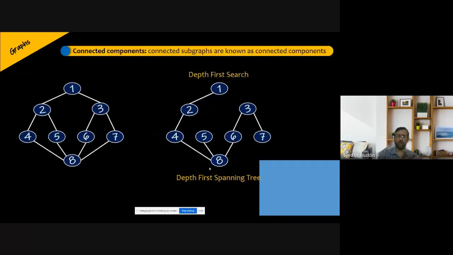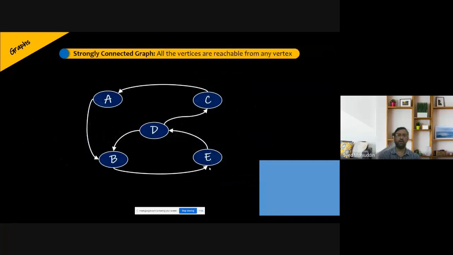Now this is what we have seen about whether the subgraphs are connected or not, or we have connected components or not. There is another term known as strongly connected graph.